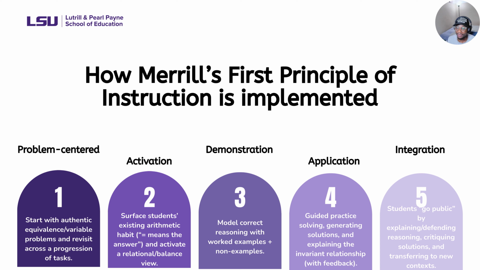And of course, if you are able to demonstrate, then you will apply. You'll be given a problem, and problems that are not exactly what you went through, but require you to apply what you have learned, and of course, integrating what he or she has learned. So students go public by explaining, defining, reasoning, critiquing solutions, and transferring to new contexts.